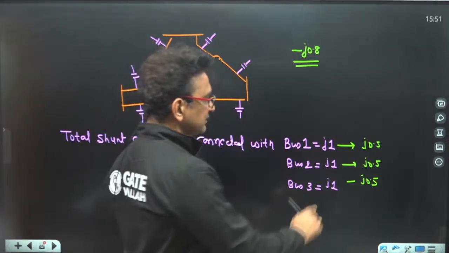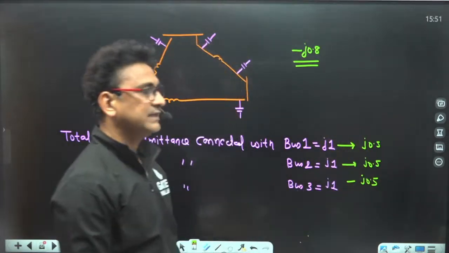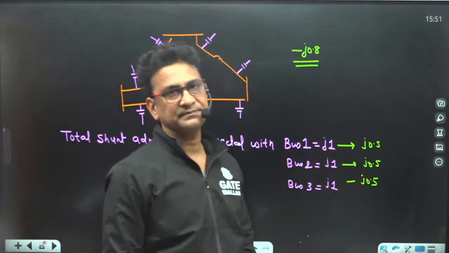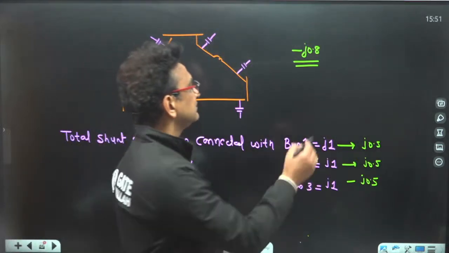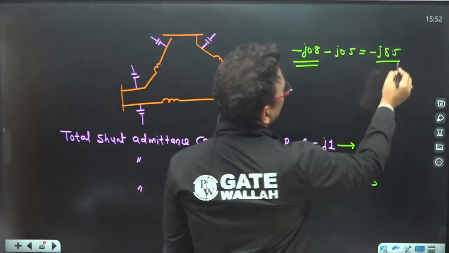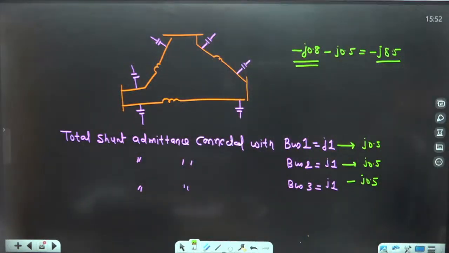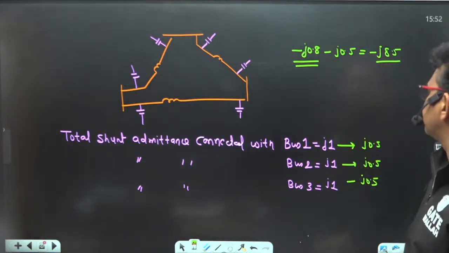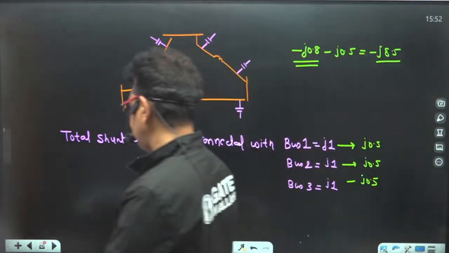The shunt admittance is reduced by j 0.5, 0.5 minus 1. The change is minus j 0.5. So it becomes minus j 8.5. Clear? The change is minus 0.5. It has been reduced, so reduced by 0.5. So it becomes minus j 8.5.